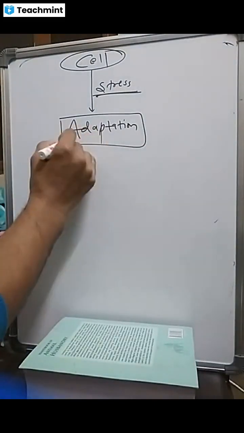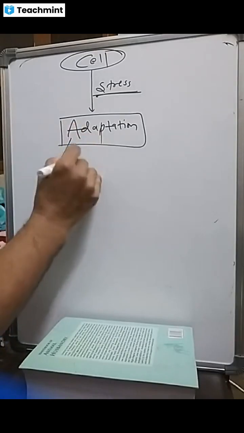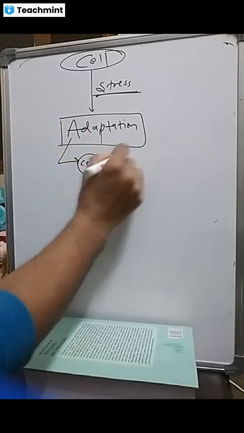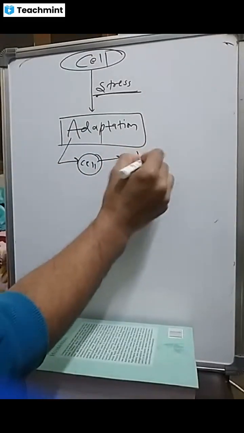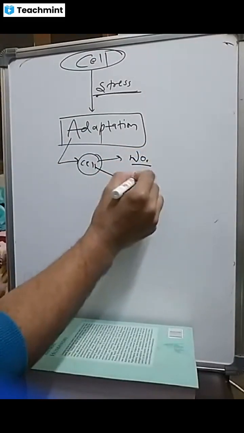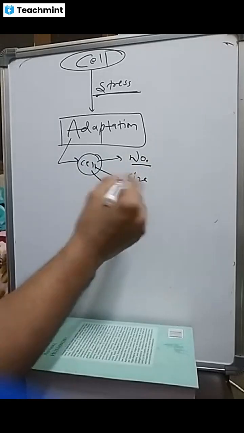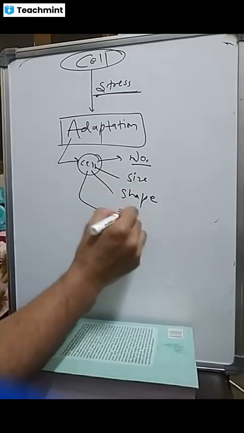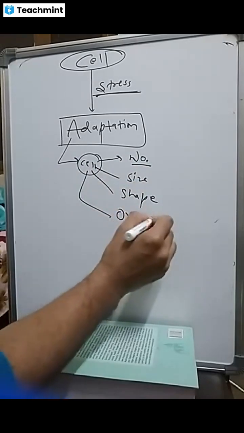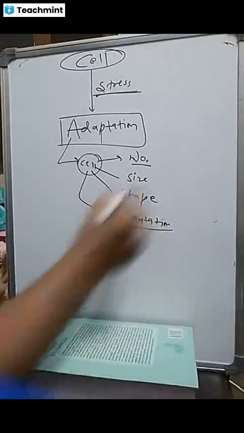These adaptations, as we have stated, may be in number, with the size of the cell, with shape, or with orientation. These were the adaptations.